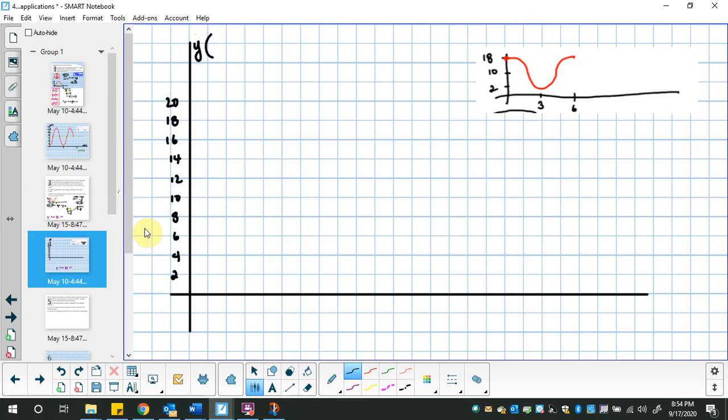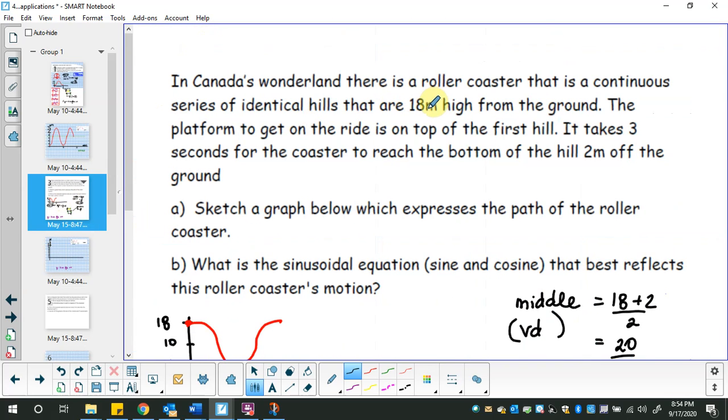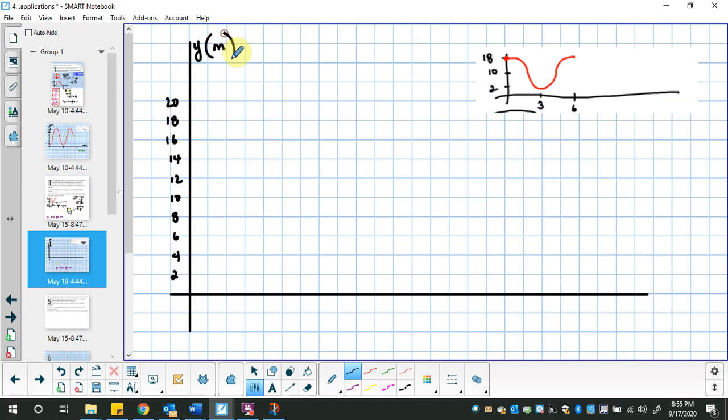And to refer back to the question, this was in meters and eventually seconds. So this one I'm going to do 1 through 18. So that would be 3 cycles because 6 seconds was 1 cycle.